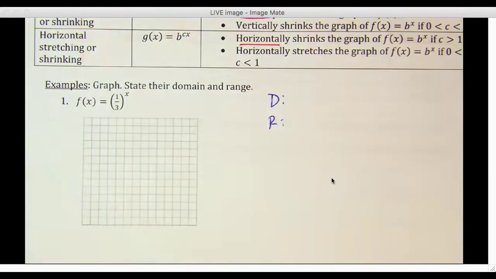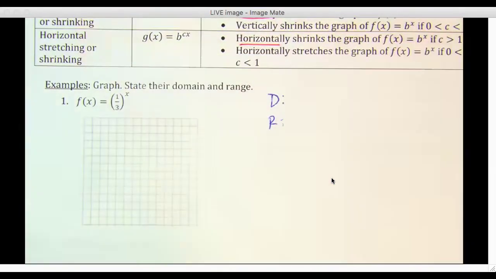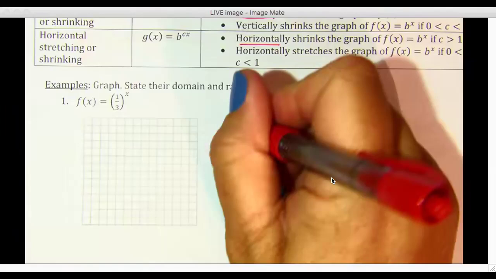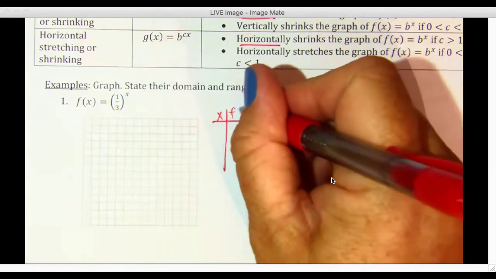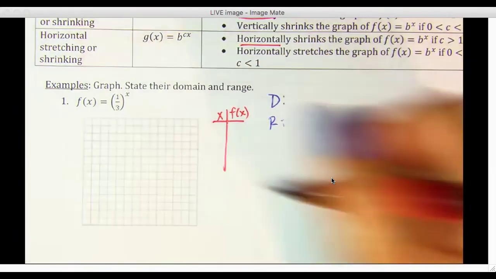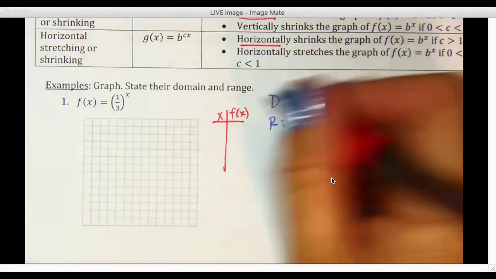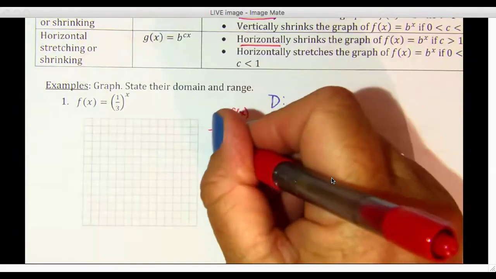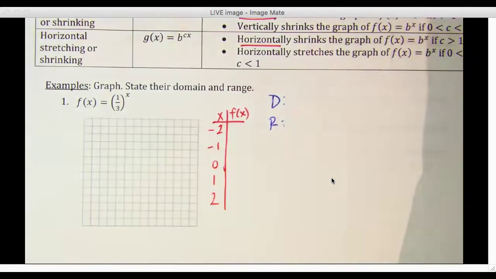And so looking at my function here, I have 1/3 to the power of x. I'm not going to use as many points as I used in those first couple examples. Right now, I'm going to use 5 points, but as we do more examples, I'm going to get down to 3. And typically when you graph exponential functions, 3 will be enough. Right now, I'm going to use -2, -1, 0, 1, and 2. I'll probably only do this example with 5 points.